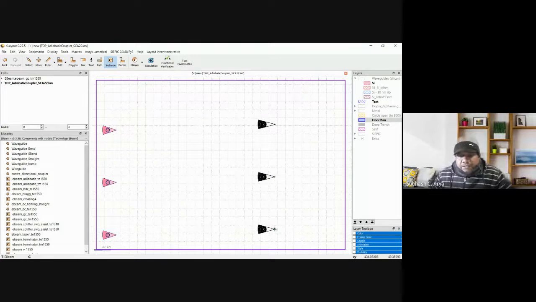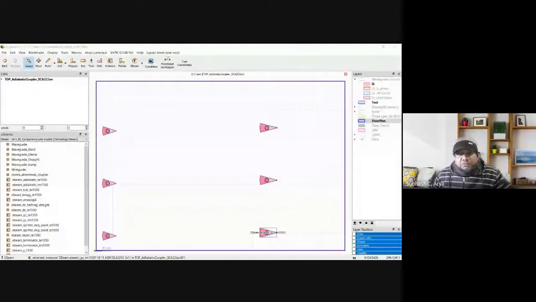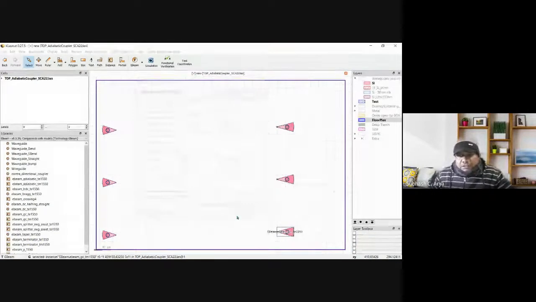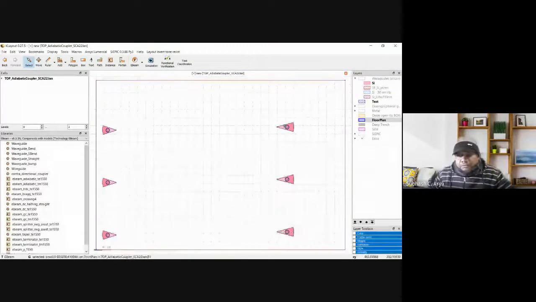It is here, but I think you need to reverse the direction to consider it as TM mode. Press escape, select, again Q. So here the rotation angle, let it be 180 degrees, so that, yeah, now we can receive TM mode.